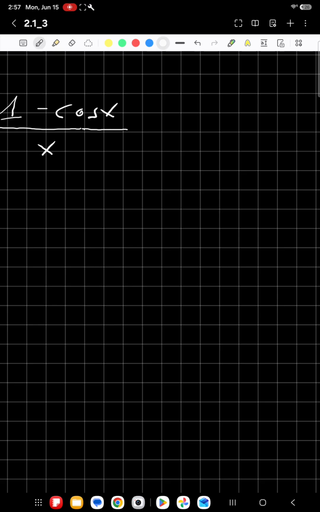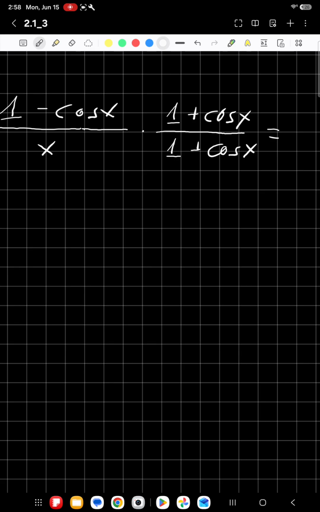When you see 1 minus something, it's always good to try that conjugate. So I'm multiplying by 1 plus cosine x over 1 plus cosine x.